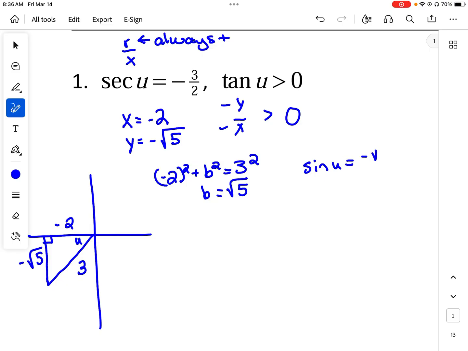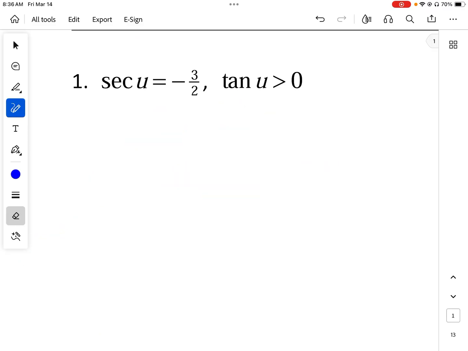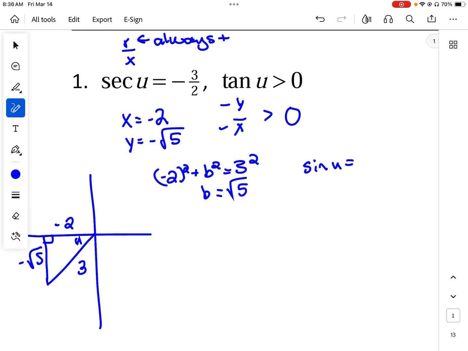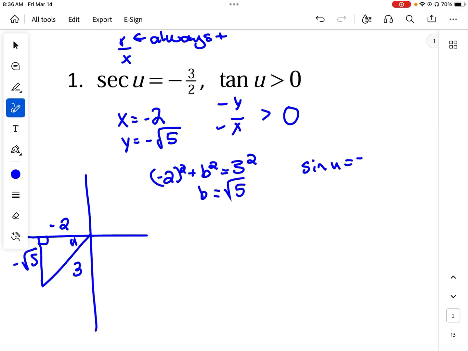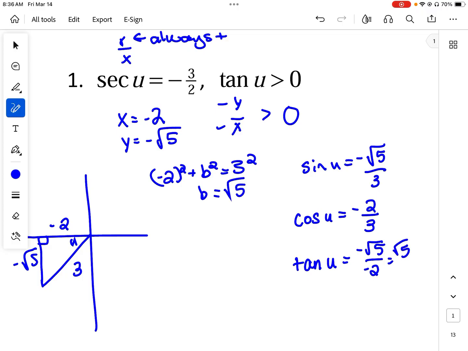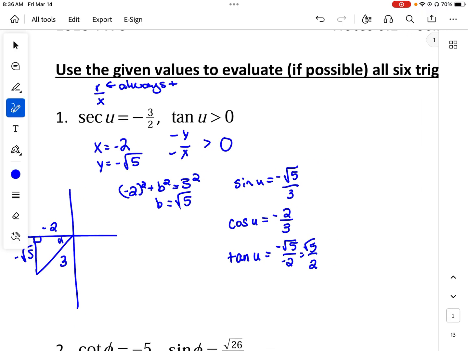So sine u equals negative square root of 5 over 3. Cosine u equals -2 over 3. And tangent u equals negative square root of 5 over -2, which gives us positive square root of 5 over 2.